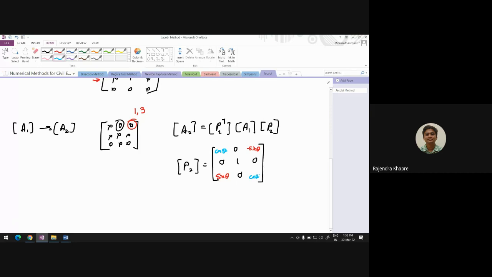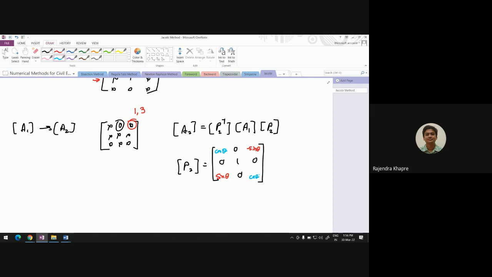So every time you have to do this operation, you generate the transformation matrix P. Then you multiply your A matrix, and in whatever calculations you do in A2, the location 1 3 has to be equated to 0. Then you get the value of theta. Substitute the value of theta and you will get A2.